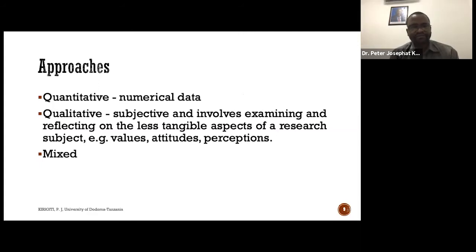From that one, the point of the nature of the variables and data. Basically, we have quantitative and qualitative. Under quantitative, that means we have numeric data. We can count those data.